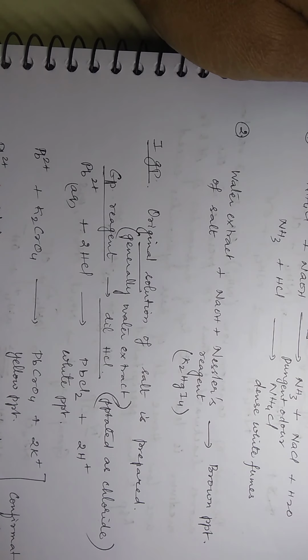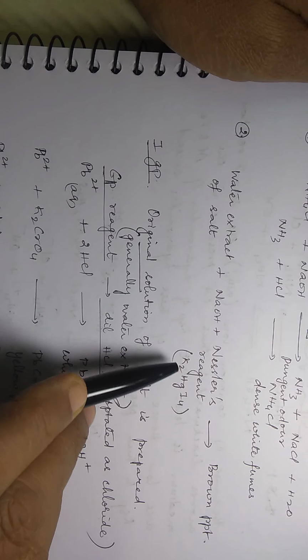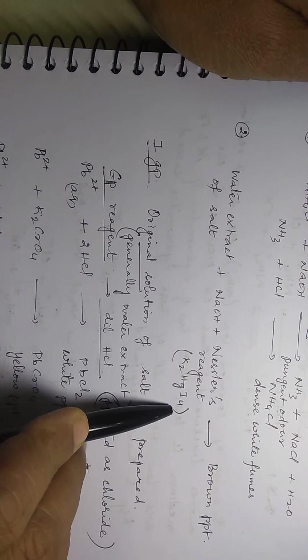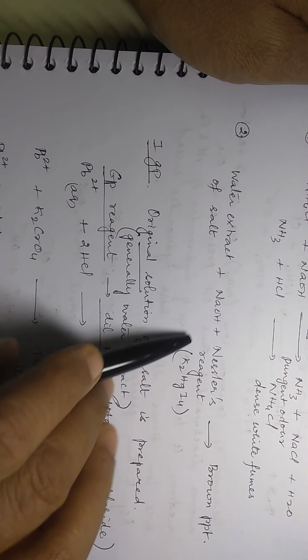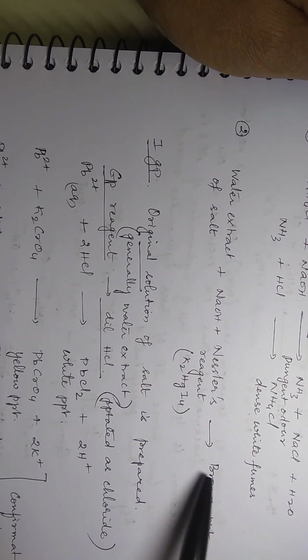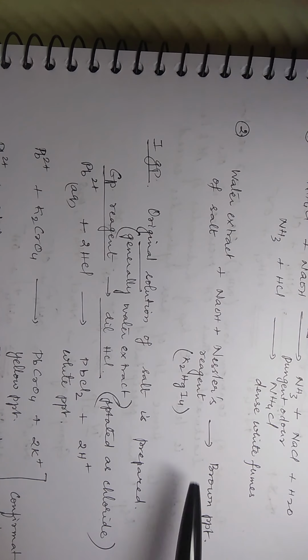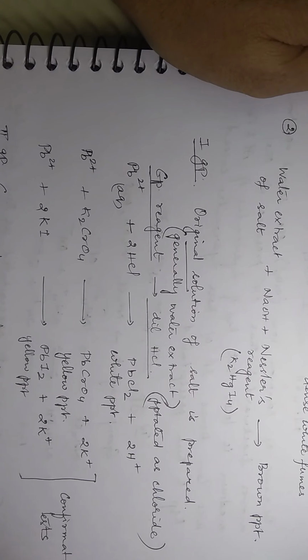What is this Nessler's reagent? It is potassium mercuric iodide, K2HgI4. You will be asked the formula of Nessler's reagent. You need to know. So this is your zero group analysis. It has nothing to do with common ion effect. Just systematic analysis I had to tell you.